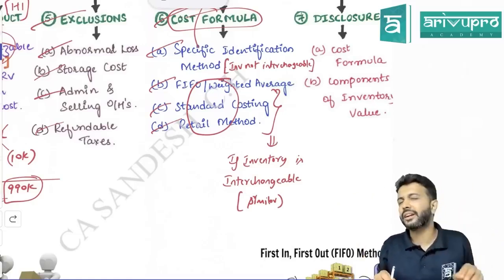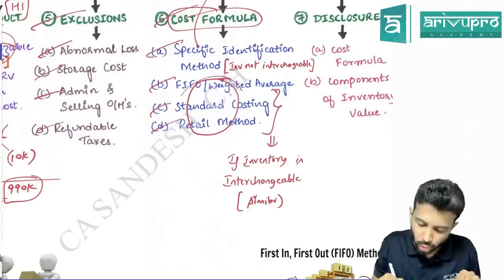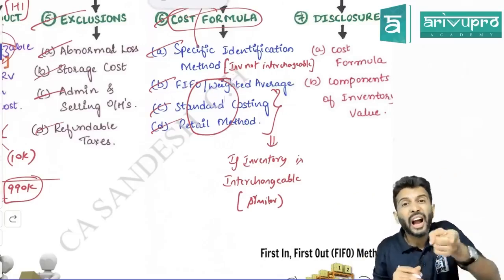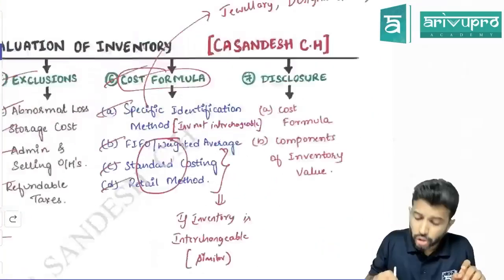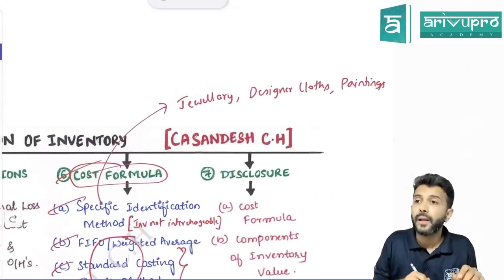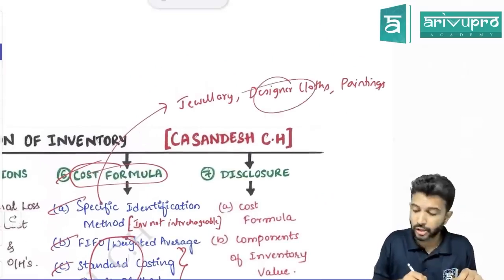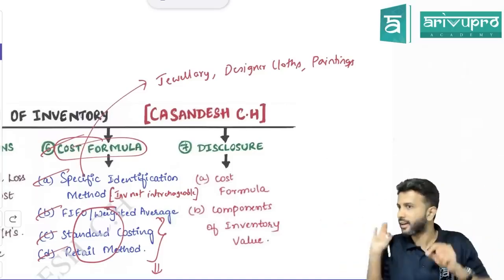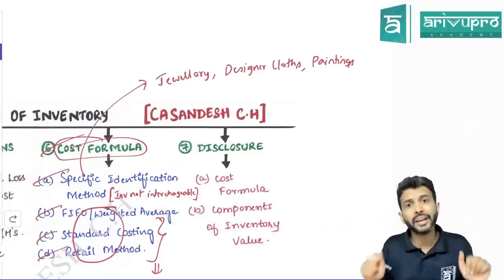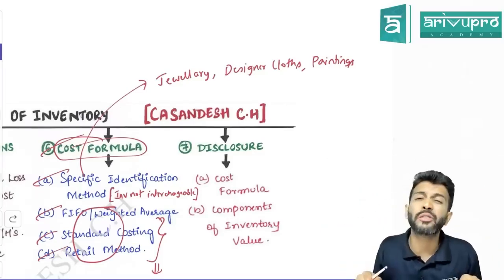If inventories are interchangeable, you can use one of these methods. However, if inventories are not interchangeable, like jewelry, paintings, designer clothes: an artist made two paintings. Do both paintings have the same value, or are they different?